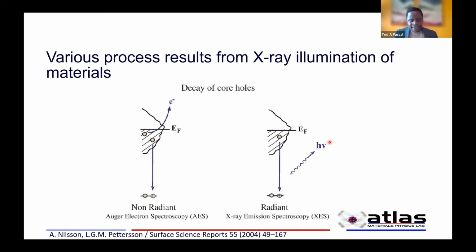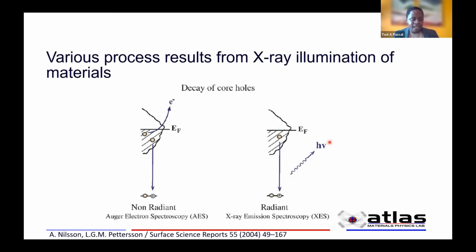So this provides us with a whole suite of tools that we can use to probe the electronic states of materials, a really powerful set of tools that can tell us something about the excited states, the core states, or even the valence and conduction band states in these materials.